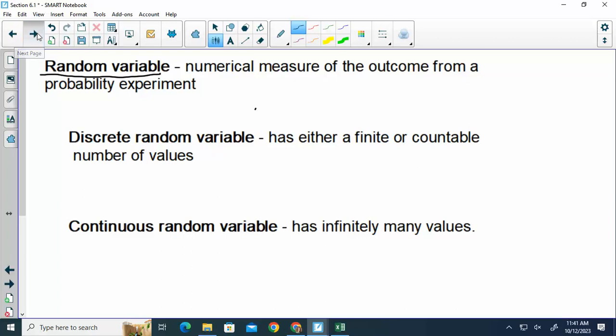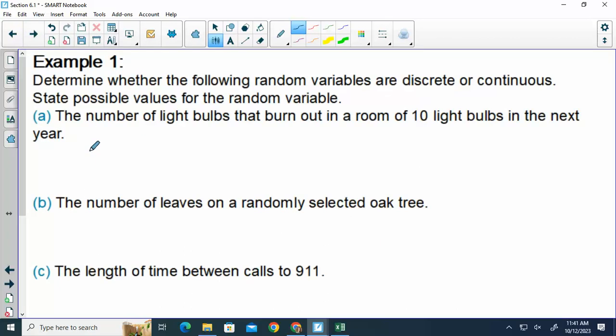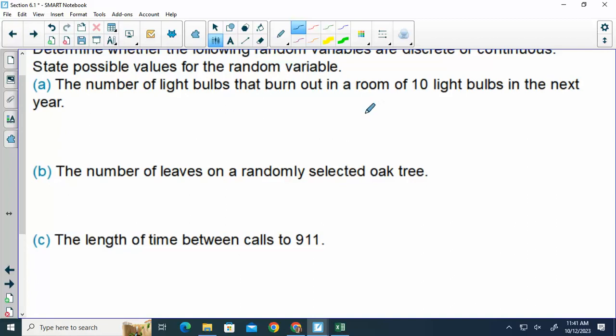So first we're just going to look at an experiment and say what would be the types of solutions we could have. So we need to make sure we know the difference between discrete and continuous. A, the number of light bulbs that burn out in a room of 10 light bulbs in the next year. That's discrete. We can count. So my different options would be what?